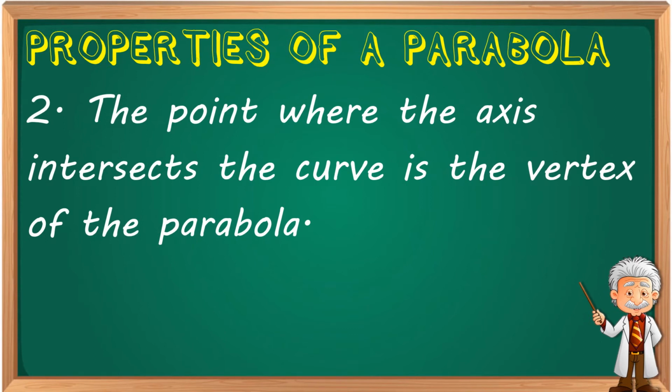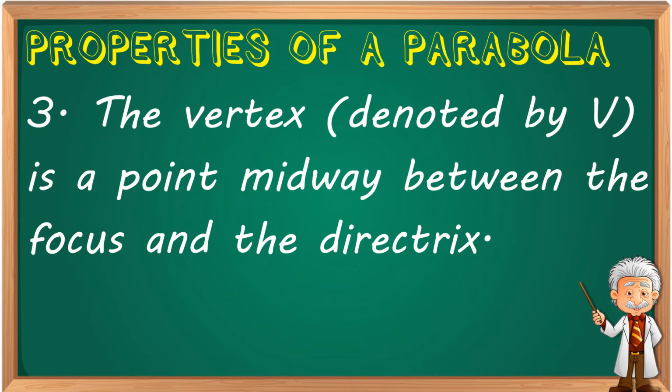Next property, we have the point where the axis intersects the curve is the vertex of the parabola. So, it is self-explanatory. It is the point where the axis and the curve intersect. The vertex, denoted by V, is a point midway between the focus and the directrix.